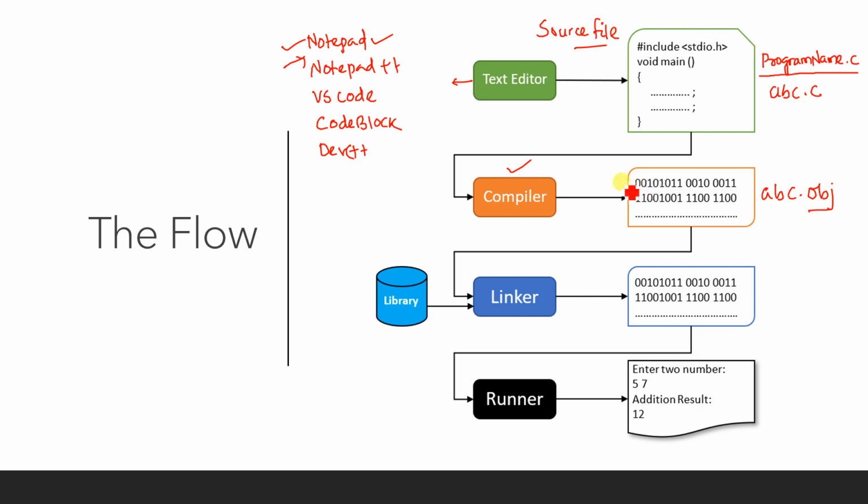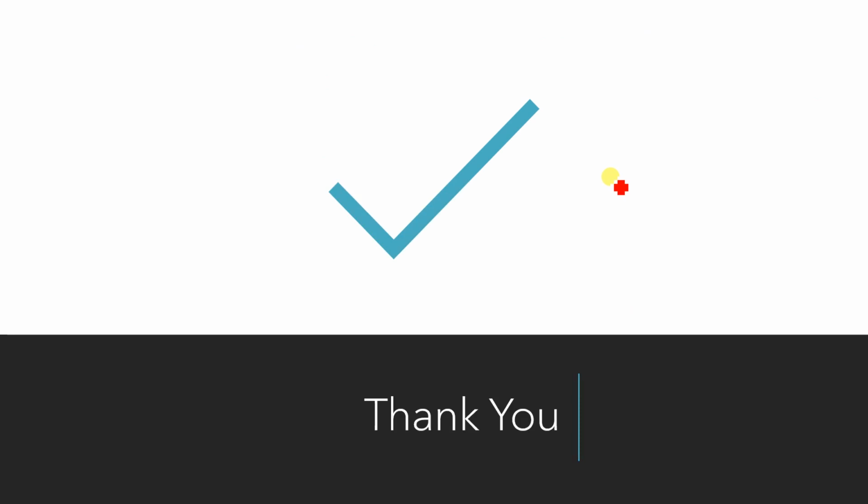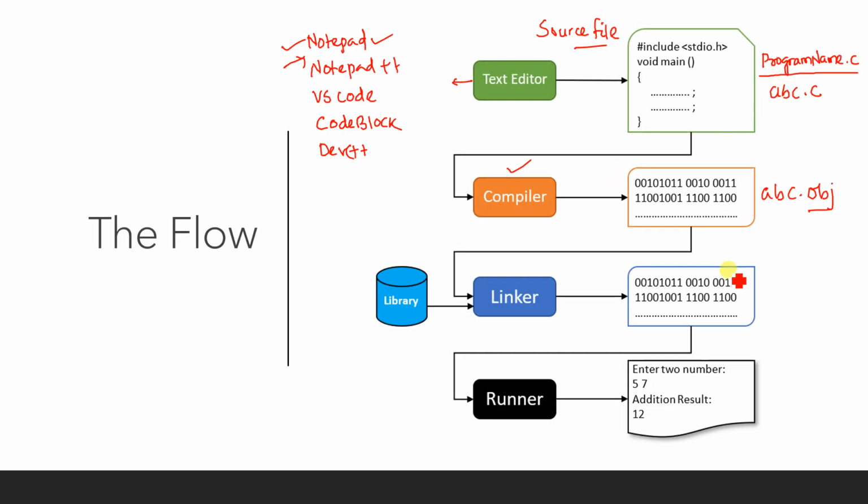Then the next step in your process flow, meaning execution flow, will be the linking part. So the linking part, which is shown over here, you have to go through the linking, and there is a library. Let me explain what this linking process is. The first question that comes to your mind is, why is linking necessary? The main reason is that many compiled languages come with library routines.